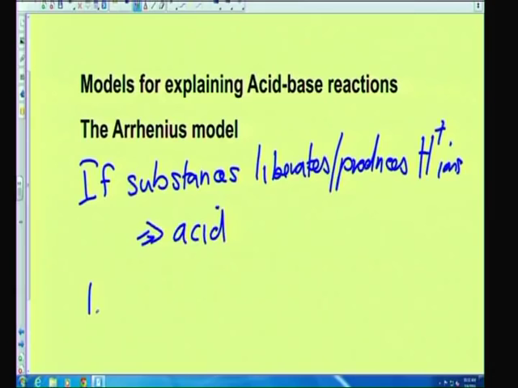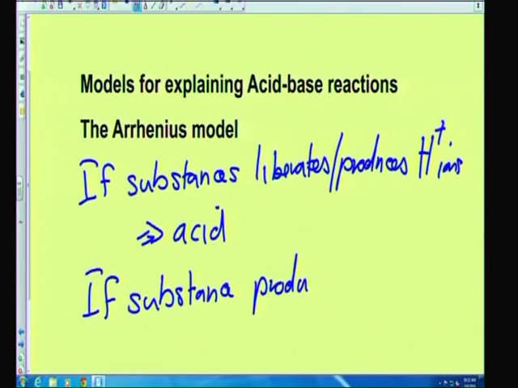And if a substance produces OH- ions, then it is a base. Then we have a base. Okay? Now, this doesn't hold in all cases.